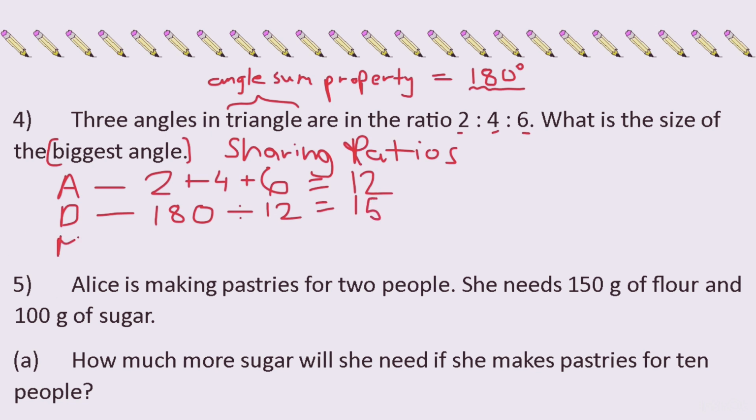And then multiply 15 with the biggest ratio in this case, which is 6, because 6 is the biggest ratio. So multiply 15 times 6, and you get the answer. So 90 degrees is the size of the biggest angle.